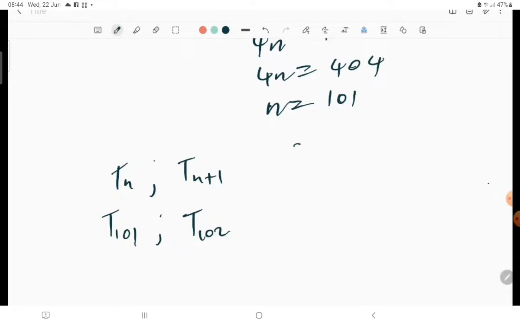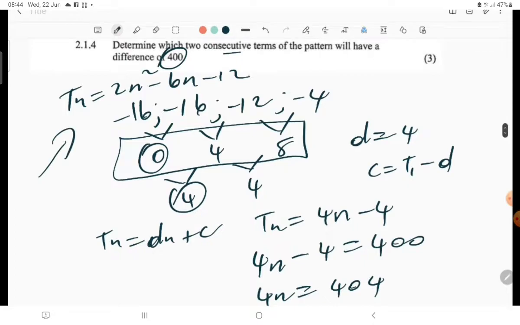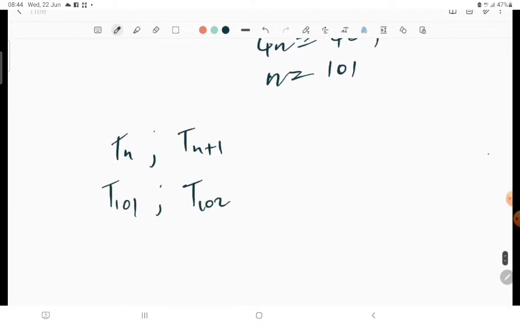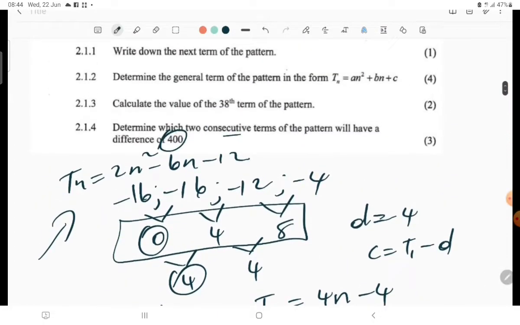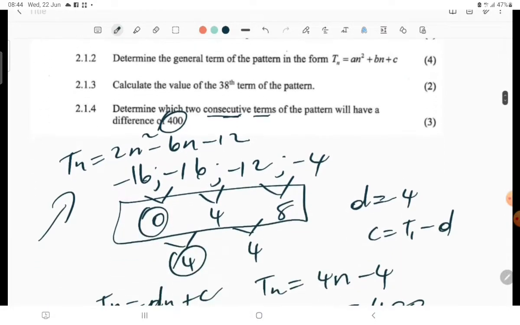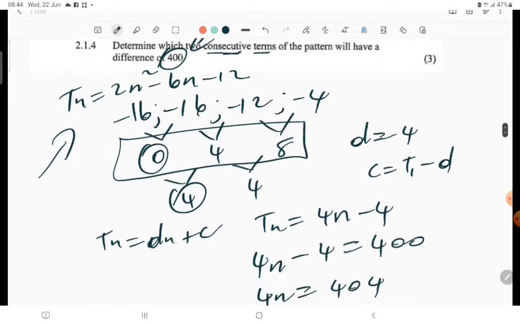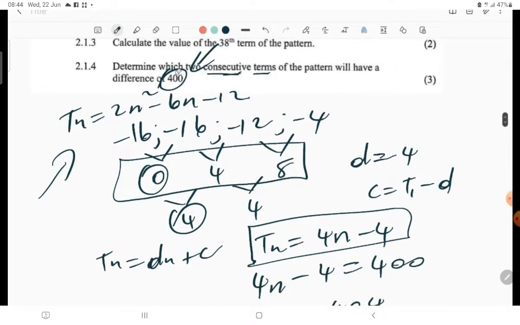Now in our general formula, we have to go back to our quadratic pattern, because the question asks between which two consecutive terms of the pattern will have this difference, which means the pattern they are talking about is the quadratic. But because they gave us the difference, we have to calculate the formula for the difference and equate it to 400.